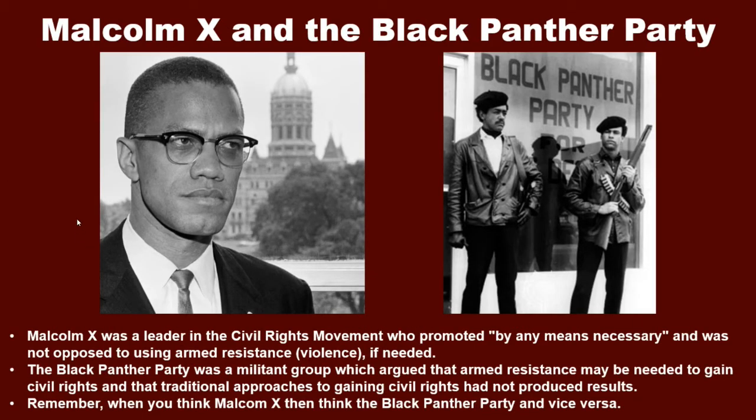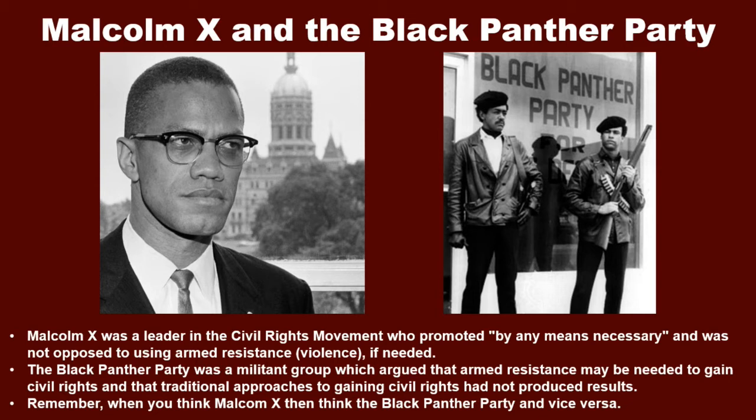All right, so we also had Malcolm X, who was another civil rights leader during the time. However, he's going to take a very different approach than Martin Luther King. Martin Luther King was all about nonviolence. Malcolm X is going to be by any means necessary, and he was not opposed to using armed resistance or violence if needed.